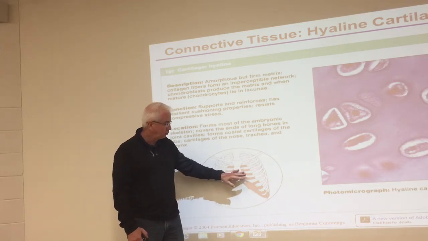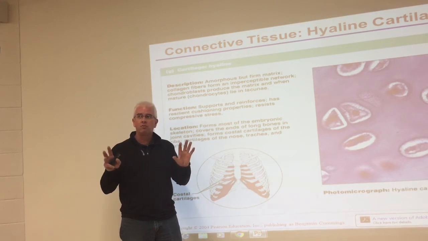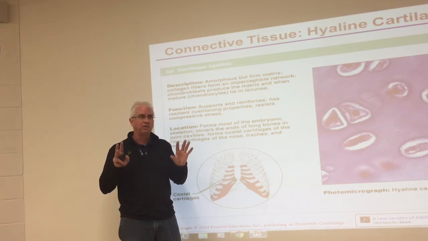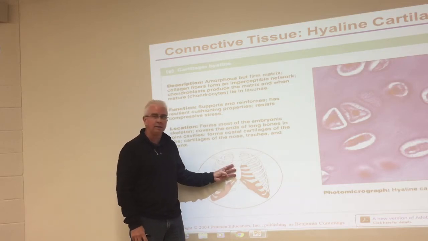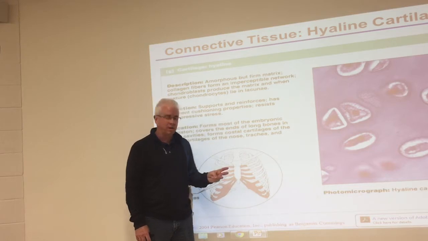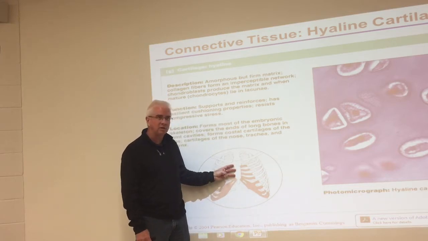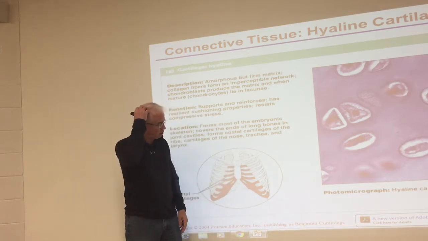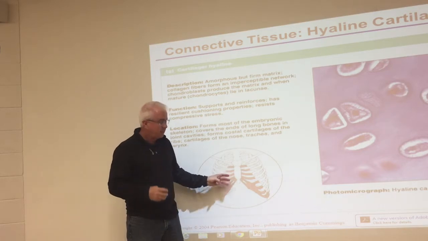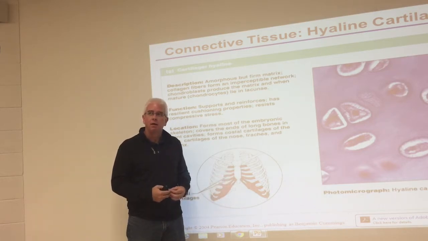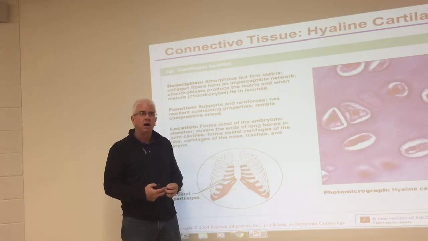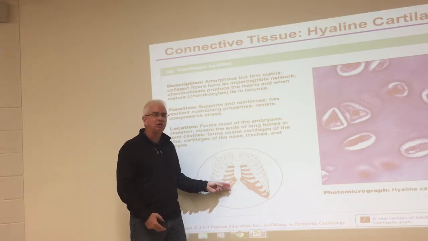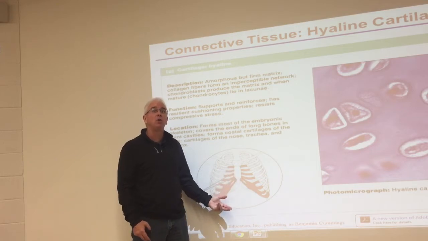So, very unusual arrangement. There are 12 pairs of ribs. The first 7, the true ribs, attach directly to the sternum by way of hyaline cartilage junctions. The next 3 are called false ribs because they attach to the sternum, but they do so indirectly.